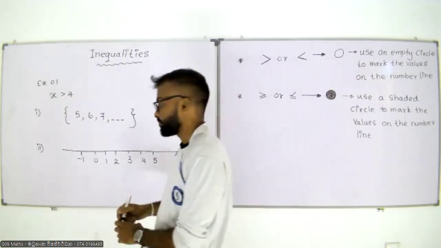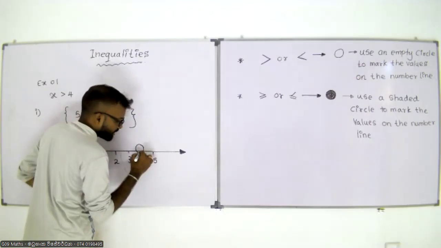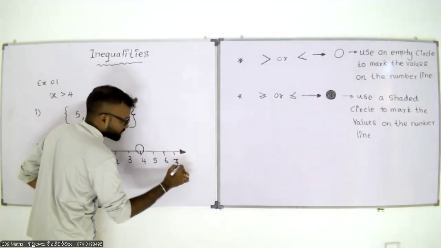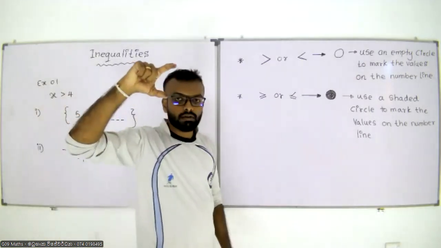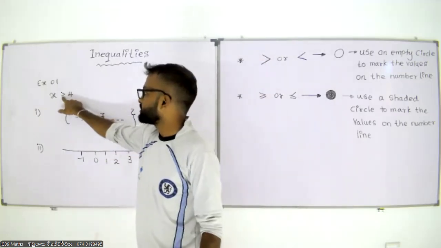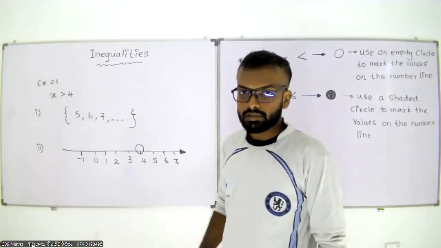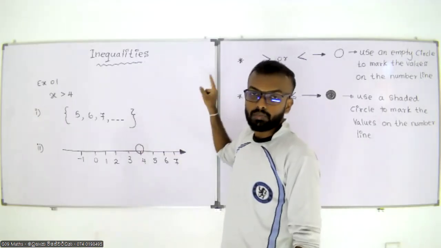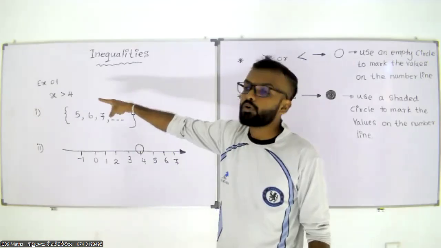Here is my 4. So I will place an empty circle there, because we have the greater than inequality only. And the solutions are 5, 6, 7, 8, 9, 10, 11, and so on. Those are the exact solutions for x.